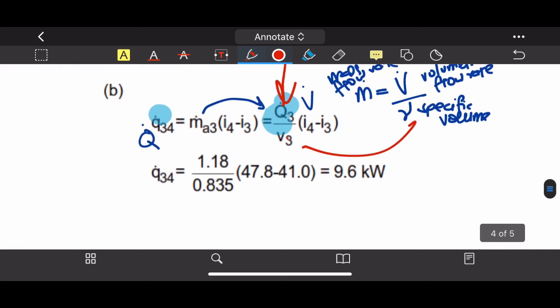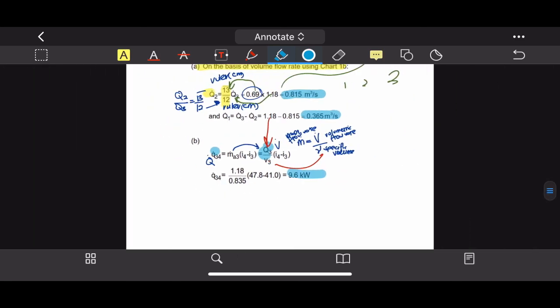It's very simple. h3, h4, you will use your psychrometric chart as well and find the numbers. Okay, find the numbers. So you will get the answer. Q from 3 to 4, the bypass section is 9.6 kilowatt. Right, 9.6 kilowatt, that is the amount of energy which is removed from that bypass to cool down that space.